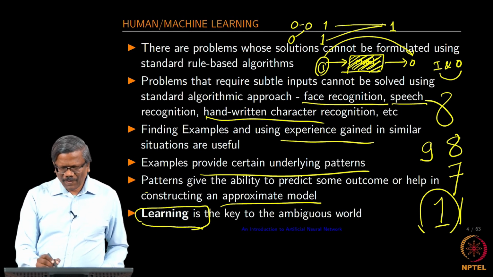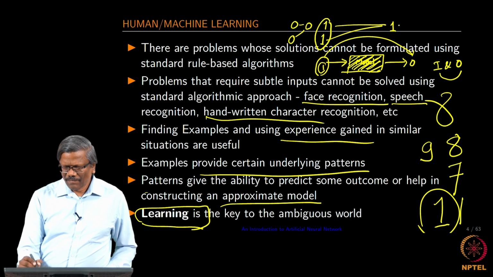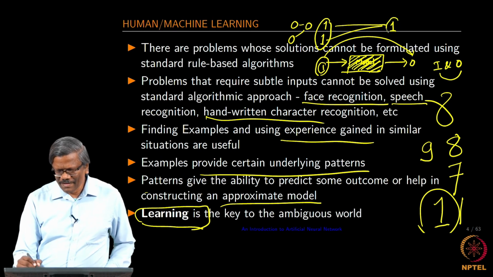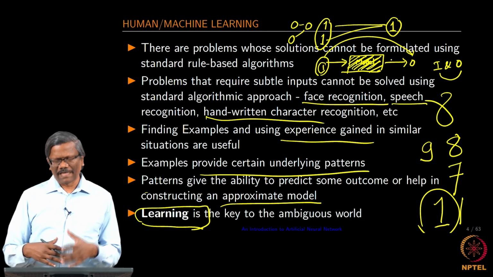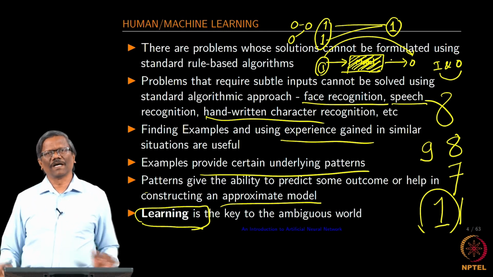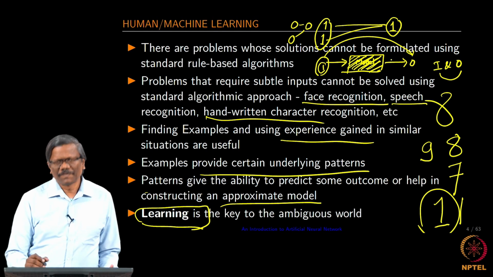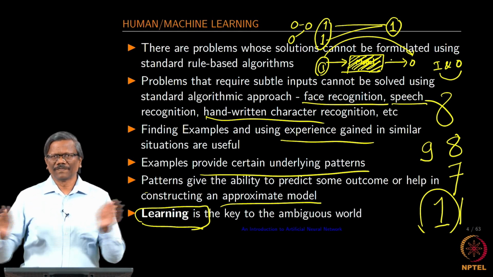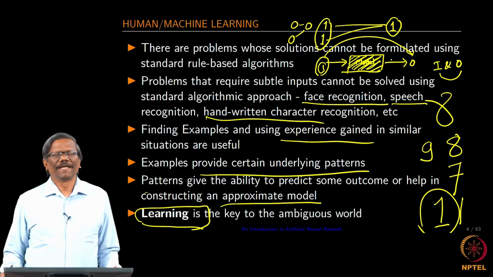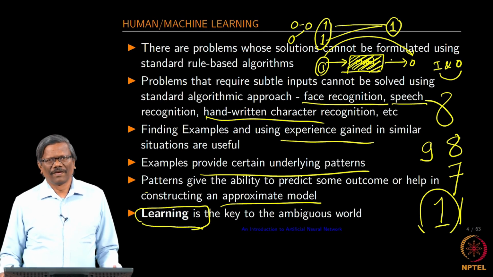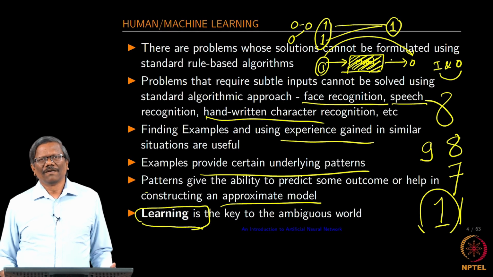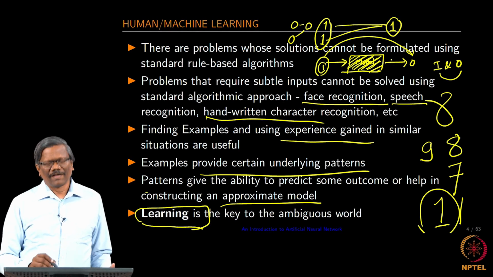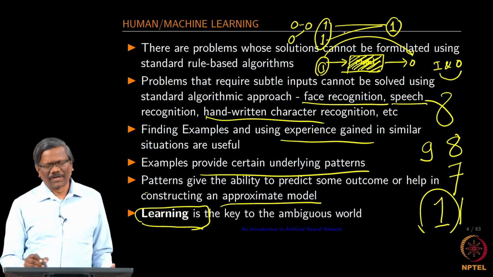So, we know that this is the input and this is my output, and since we do not know the model that transforms the input into the output, we start providing certain weights or variables into the model, and that particular set of parameters will keep changing depending on what you are trying to teach the system.